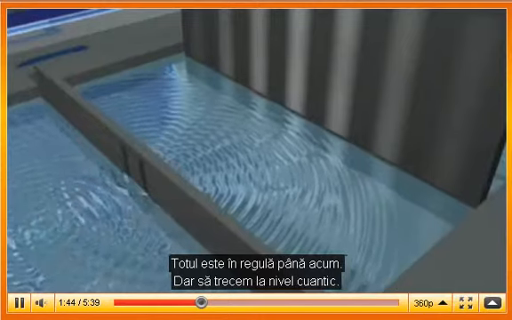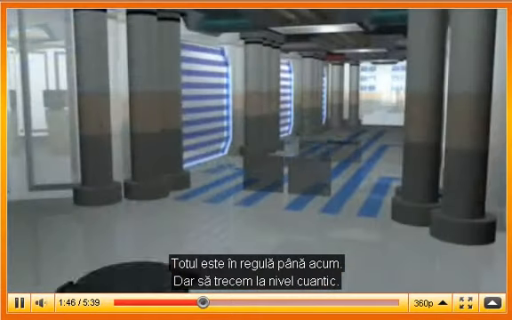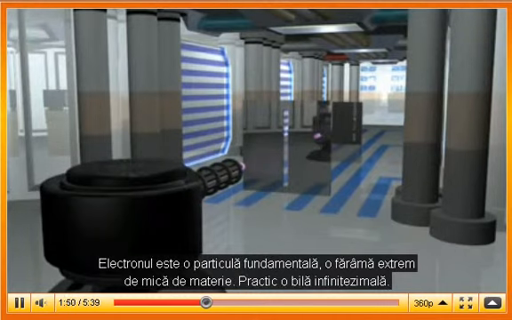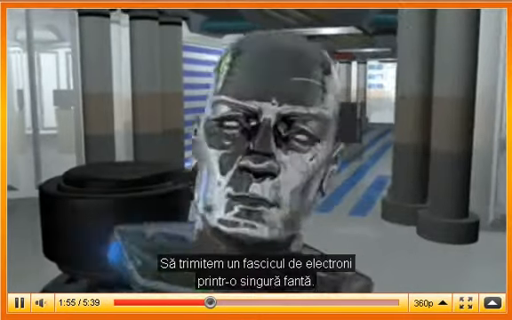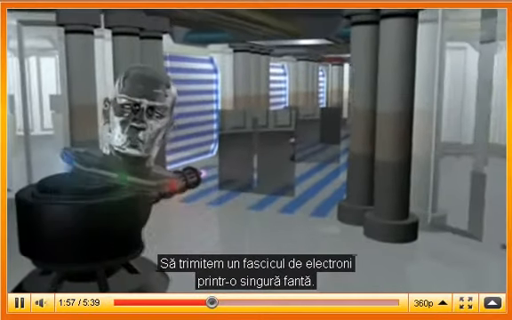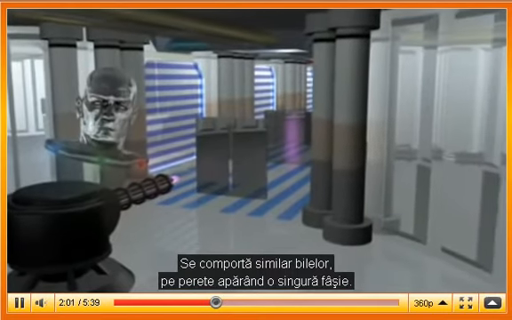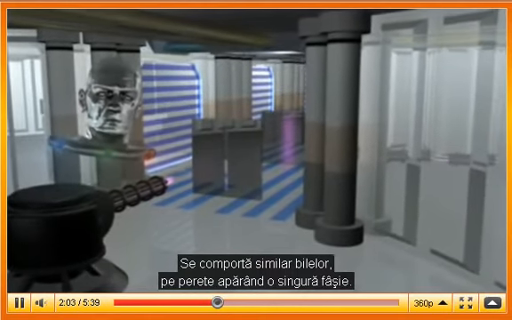Good so far. Now, let's go quantum. An electron is a tiny, tiny bit of matter, like a tiny marble. Let's fire a stream through one slit. It behaves just like the marbles, a single band.